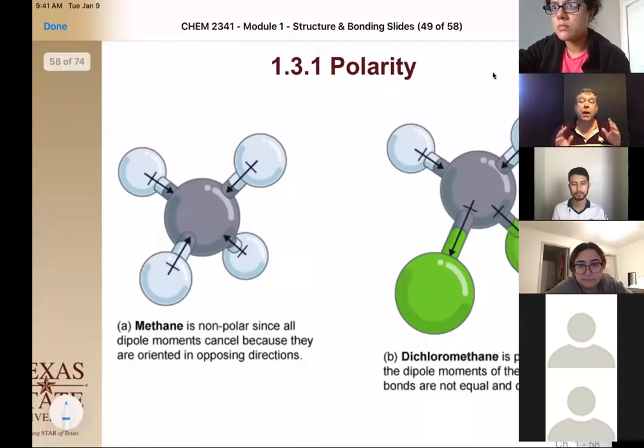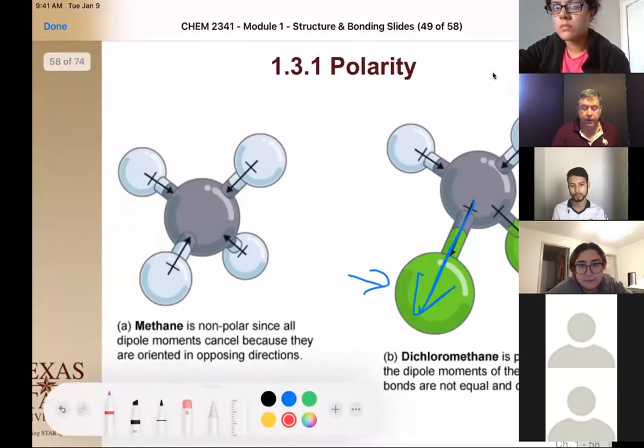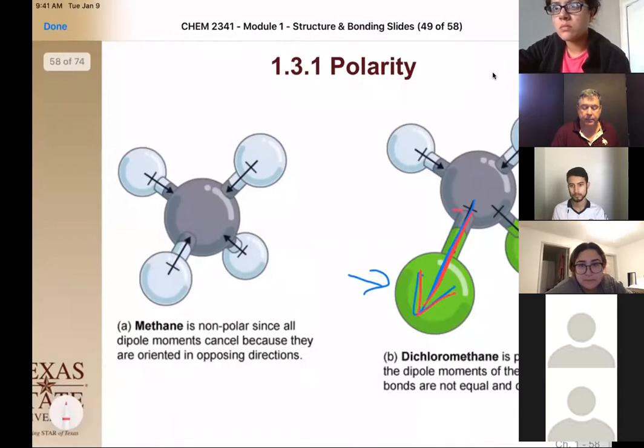But remember when we talked about polar bonds, that if one atom is more electronegative than the other, it's going to pull electron density away from the less electronegative atom, leaving it slightly positive. And if we have an unsymmetrical form of these bonds, we will see polarity in the molecule. Okay? Polarity in a molecule gives rise to a certain type of bonding, which we call dipole-dipole.